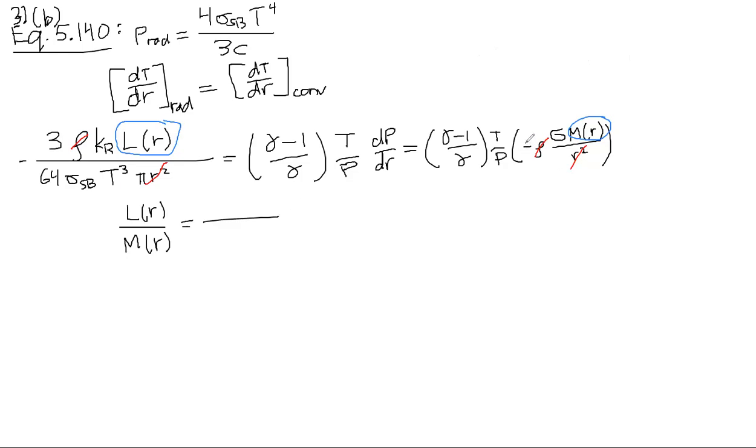And by the way, we have minus signs on each side that are going to cancel out. So we're left with plus 64 pi Stefan-Boltzmann constant, T cubed, and stuff is basically just getting flipped. 3 divided by the Rosseland mean opacity, with the gamma minus 1 over gamma, temperature divided by pressure, and then just big G all by itself on the end over here. Good.